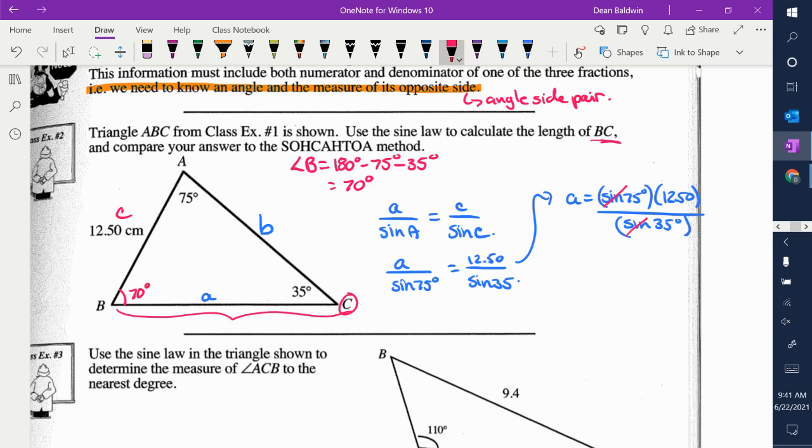Please don't do that. Okay? You cannot cancel functions. If they're both sine 35, yes, you can, because it's the same thing divided by itself. But if they're different, you cannot. All right. So now we just have to punch this in our calculator. I'm going to let you do that, and we'll see if we all get the same answer. Go to 2 decimal places, please.